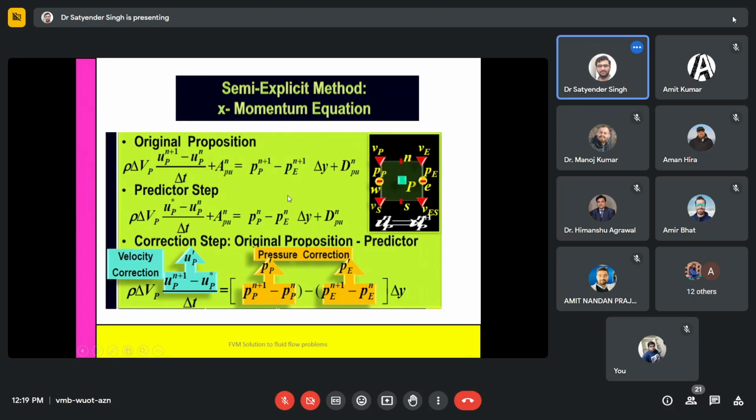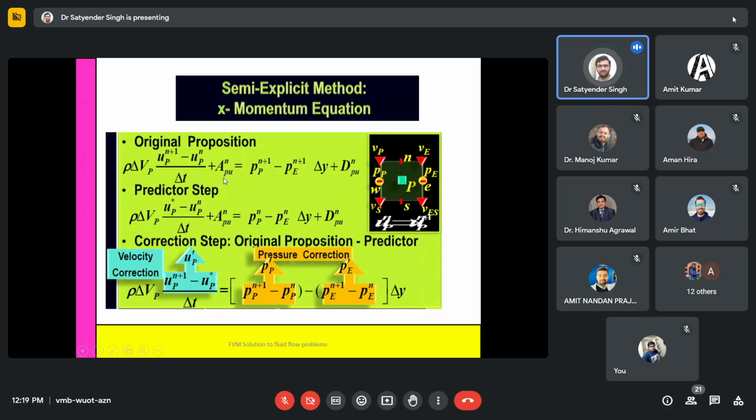Now, in the original proposition, if you observe how many unknowns we have: this up n plus 1, which is of our interest, to know the velocity at the next time level. This pressure is unknown, we cannot calculate it.